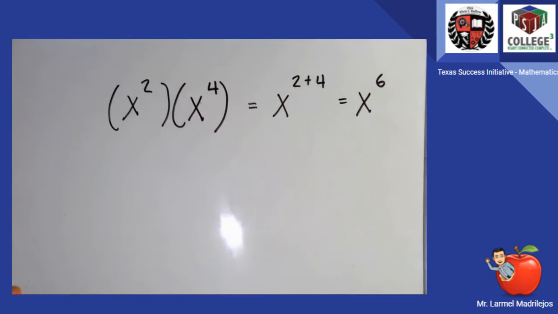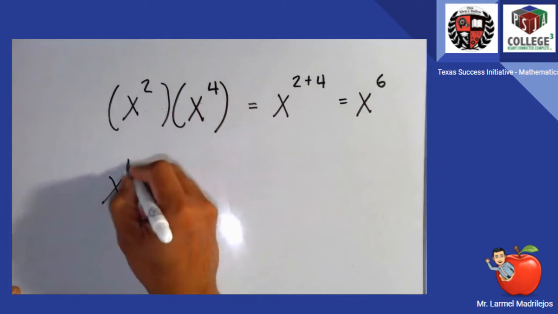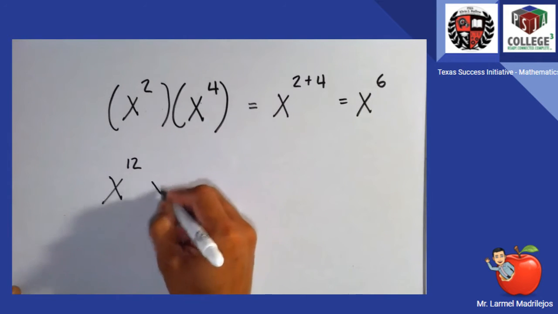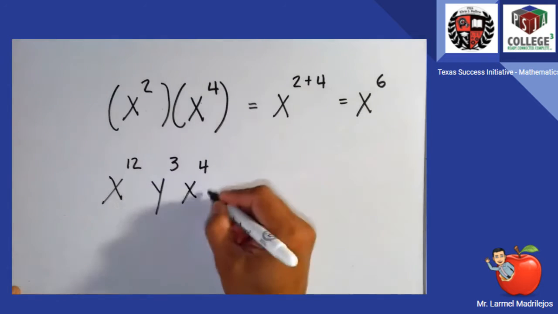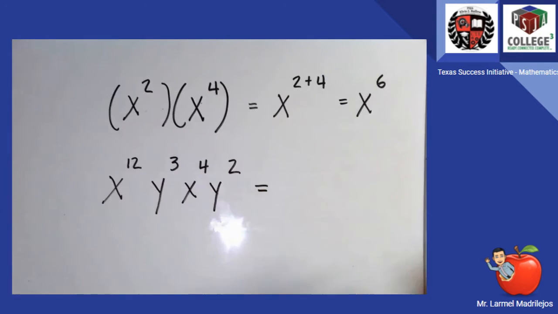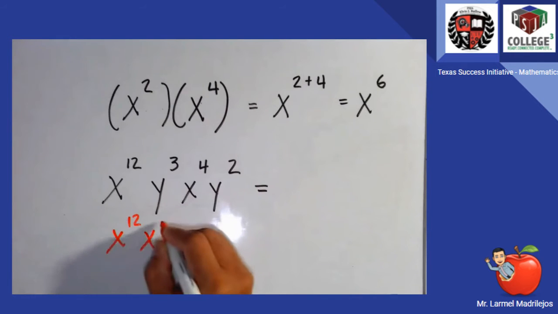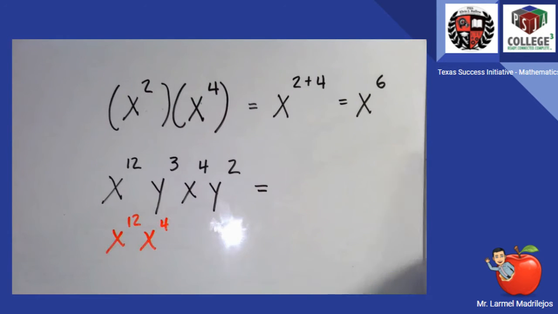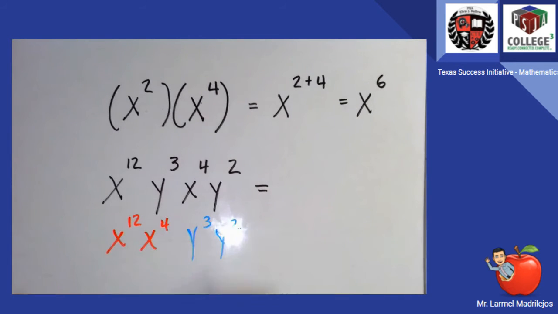Okay, another example. Let's say x to the 12, y to the 3, x to the 4 and y to the 2. To simplify this, I'm going to add the exponents of the x's. Okay, I'm going to start with the x. So x to the 12 and x to the 4, and then y to the 3 and y to the 2.